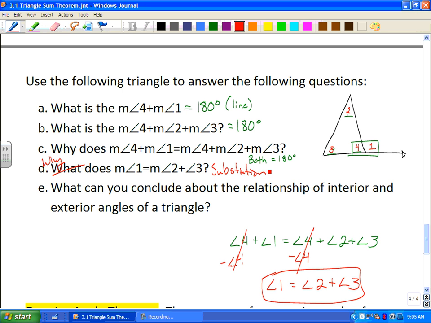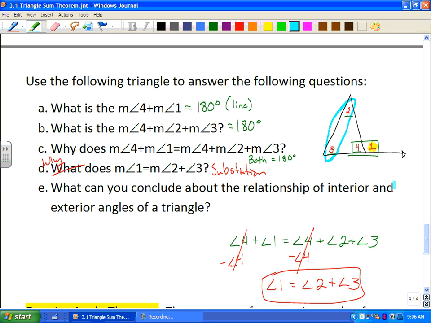All right. Now, look at the angle relationships of this triangle based on what we've just found out. We took angle 1, and it's equal to the sum of 2 and 3.